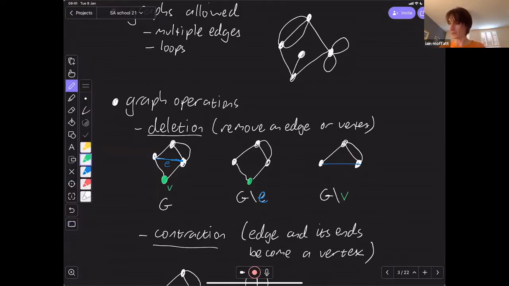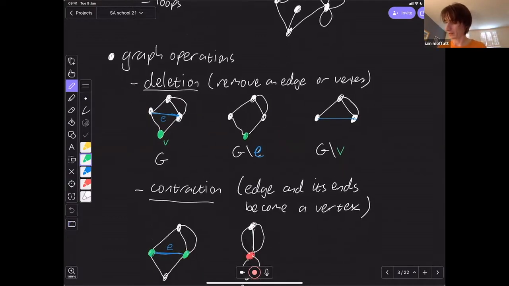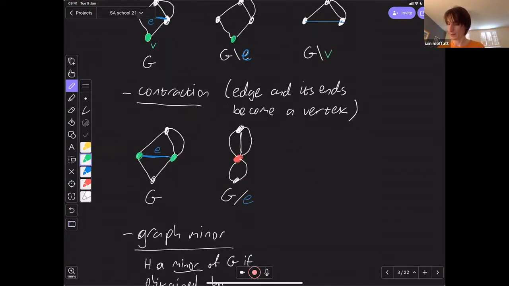Well, the other standard operation down these lines will be edge contraction. The idea here is that I've got some edge in a graph, and it's got its two ends, and all I'm going to do is identify the edge and all of its ends into a single new vertex.